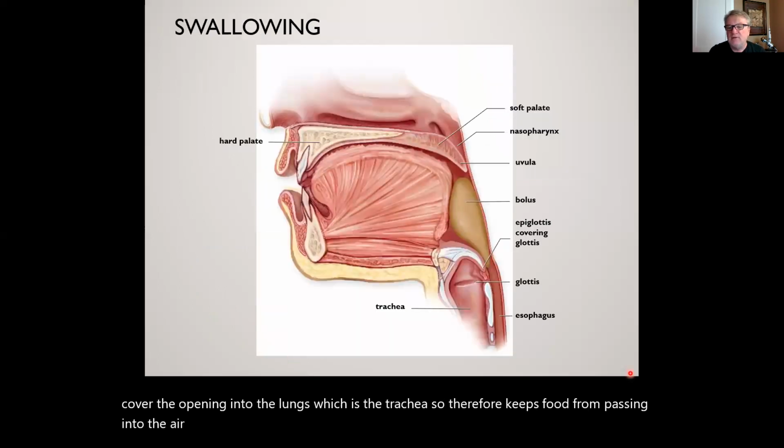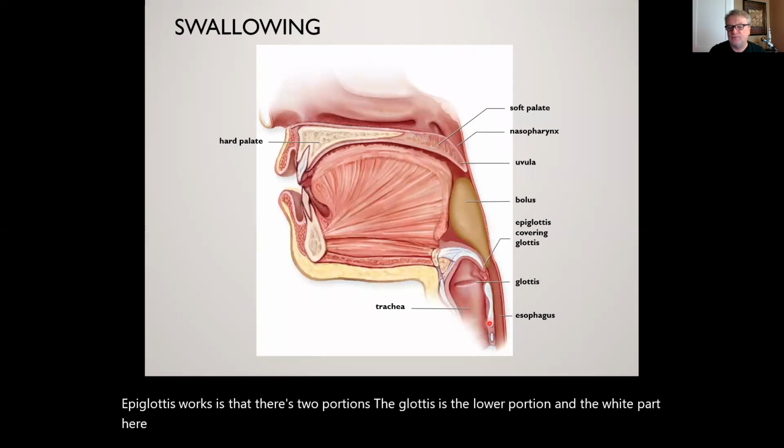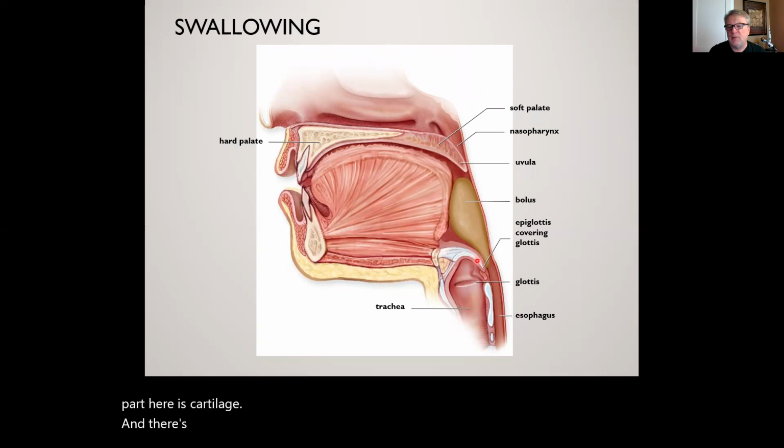The way the epiglottis works is that there's two portions. The glottis is the lower portion, and the white part here is cartilage. There's also cartilage up here in the epiglottis.